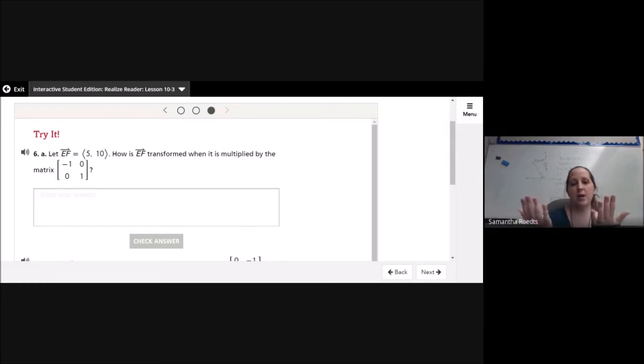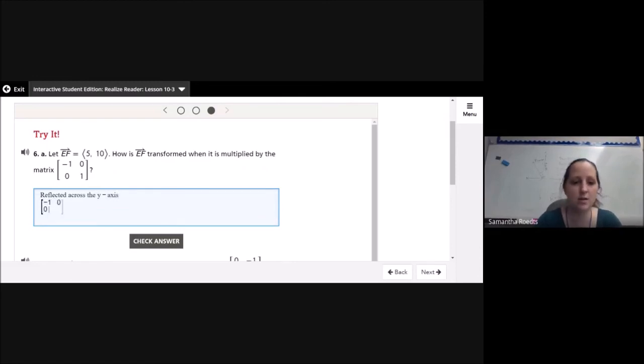So what that means is I've actually flipped it over my y-axis, reflected across the y-axis. So you can actually see this by -1, 0, 0, 1, and then multiply that by 5, 10. So you will get a vector of -5, 10.